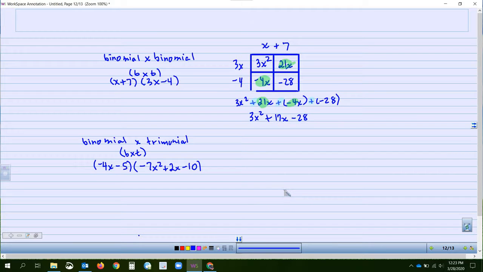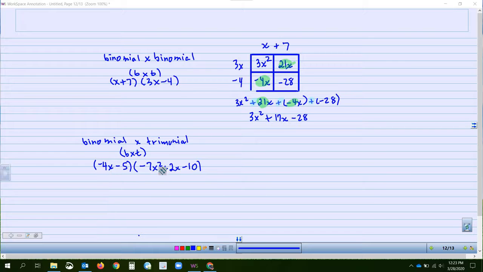Again, there is a way to do this by applying the distributive property twice, and you are welcome to learn that way. There are some great online videos that will teach you how to do it. But my favorite way is this rectangle way. When we had a binomial times a binomial, it was 2 by 2, and we ended up with 4 squares.